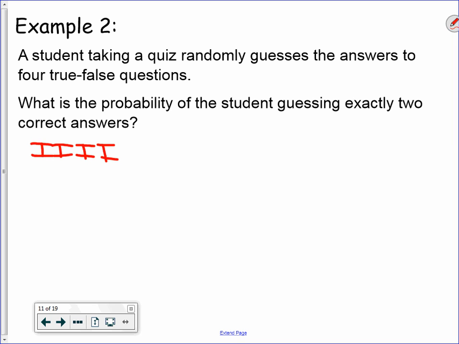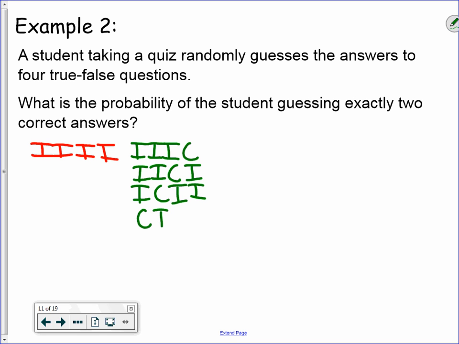They could also get 3 incorrect and 1 correct. Now, this is showing that question 4 is incorrect, but it might have been question 3 that was incorrect, or question 2, or sorry, correct, I should say, that was correct, or question 1 that was correct.